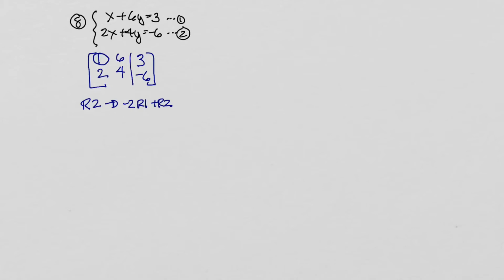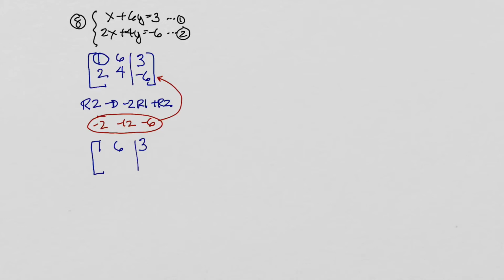So take negative 2, multiply it through that pivot row. So negative 2 all the way through here. So that will give us negative 2, negative 12, negative 6. Circle that, and we're going to add that one to row 2. So let's do that now. First row stays the same, so we'll get 1, 6, line 3.